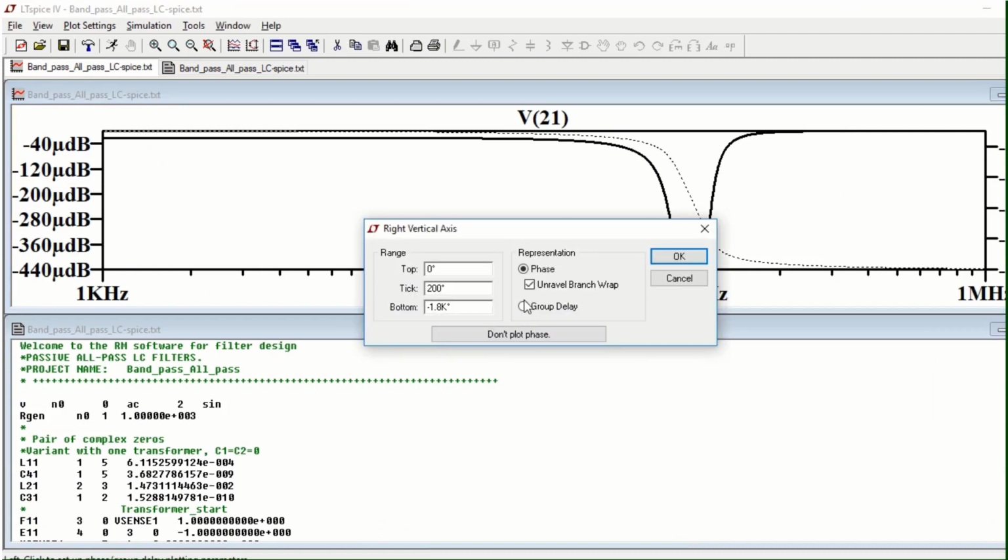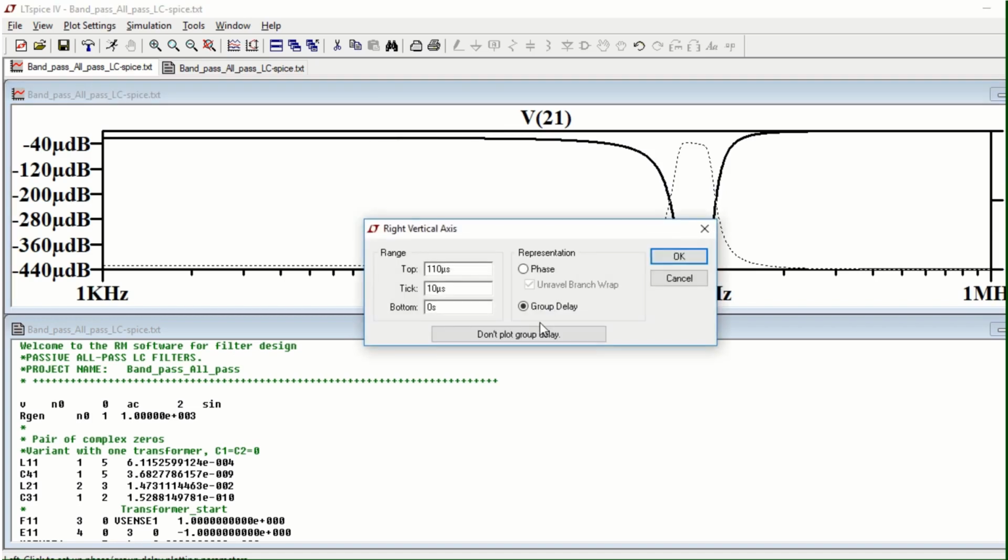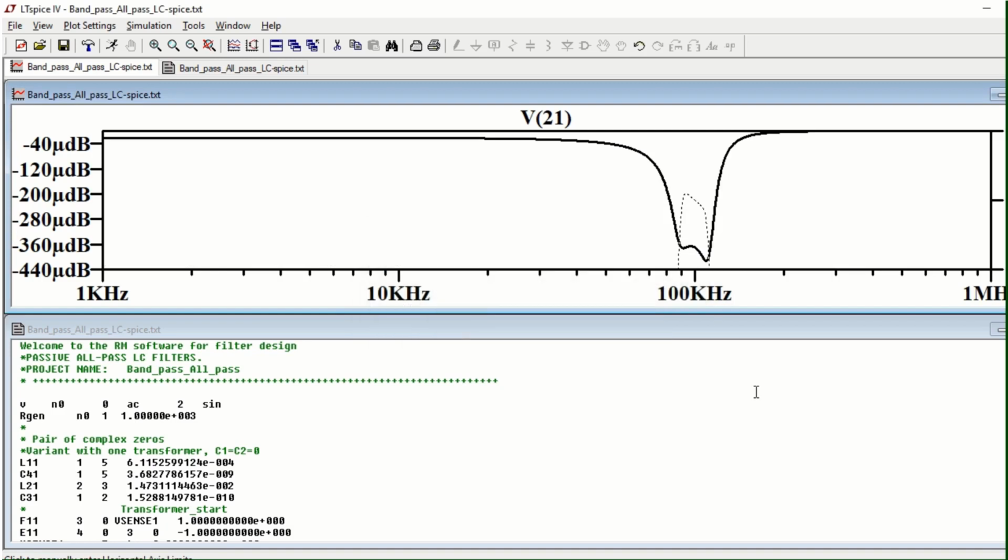We will go for the group delay, and we will change its minimum value from 90 to 110.